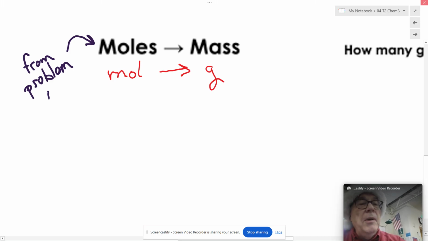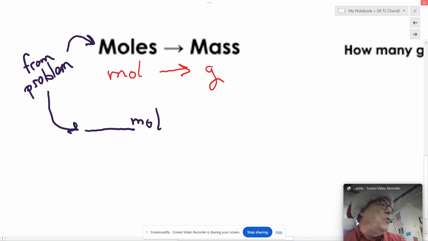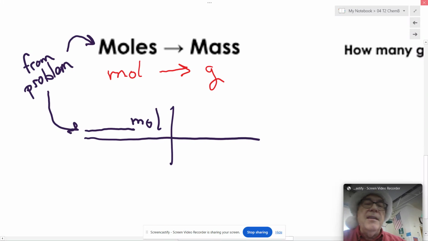So you're always just going to, if it starts with moles, you're going to have a conversion factor where you want moles to go away and you want to turn it into mass. So you're going to have some moles in the problem, and the question is going to ask about grams or ask about mass.